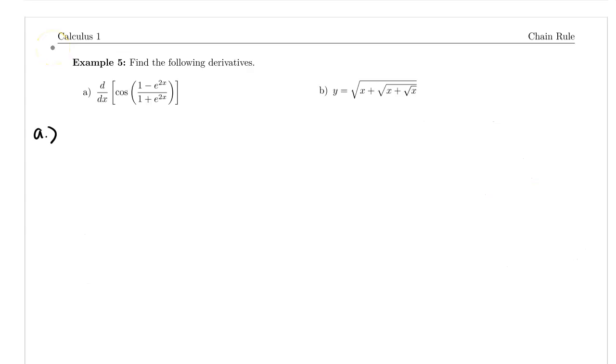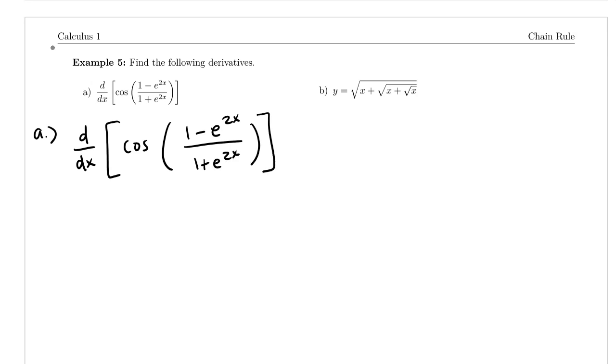For example 5a, we want to take the derivative of cosine of this quotient. Let's think about what our functions that we are composing are. So our outermost function is cosine of x.